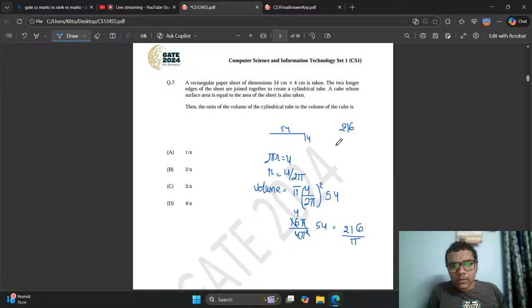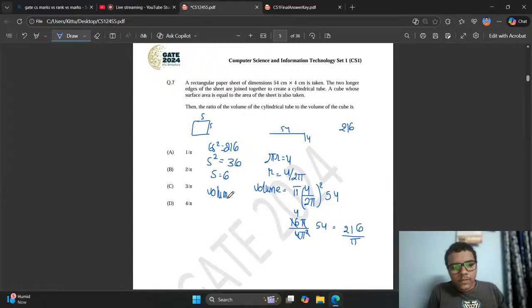So what is the total surface area? This is s squared. So 6s squared is 216. So s squared will be 36, 6 sixes are 36. So s is 6. So the cube is 36 times 6, which is 216.